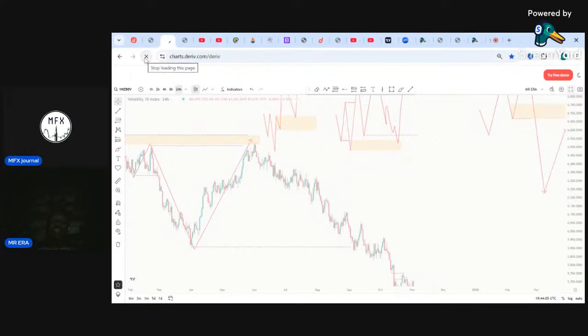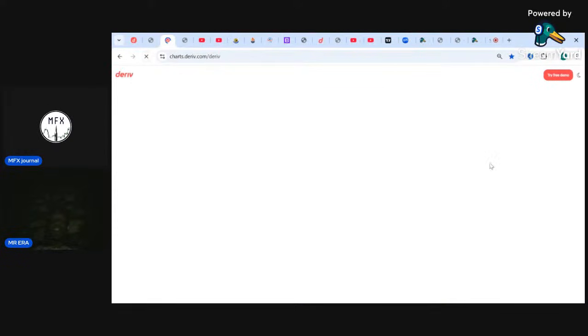But I believe this works everywhere, so try it on your currency pairs. Let me still use synthetic indices a little bit.